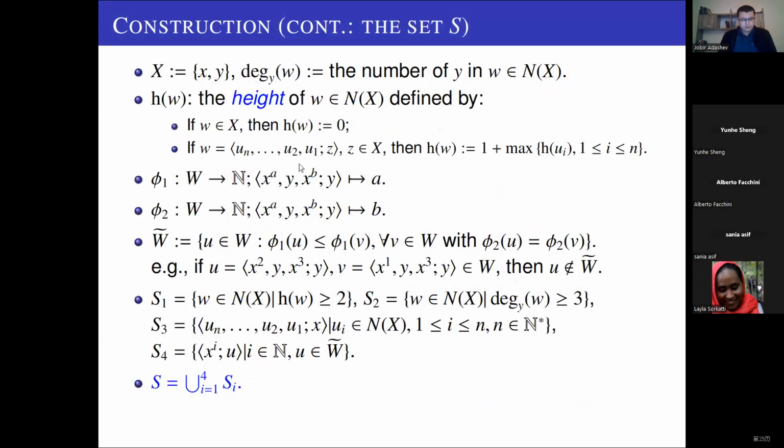So if the word is a letter, then the height is 0. If it is a normal brace word like this, where Z is X or Y and the u_i are normal brace words, then the height of W is just 1 plus the maximum of the heights of those u_i.